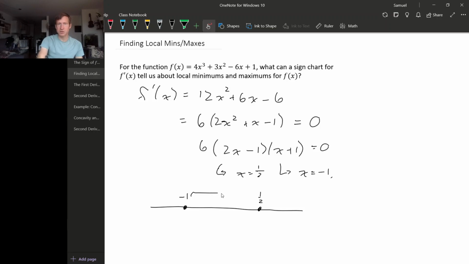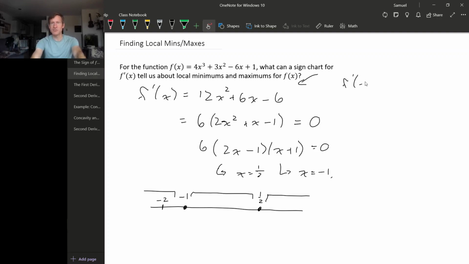This breaks the number line up into 3 pieces, these 3 pieces. And on each piece we can plug in a test value to see whether this derivative is positive or negative for the number that we chose. So let's try, how about minus 2?